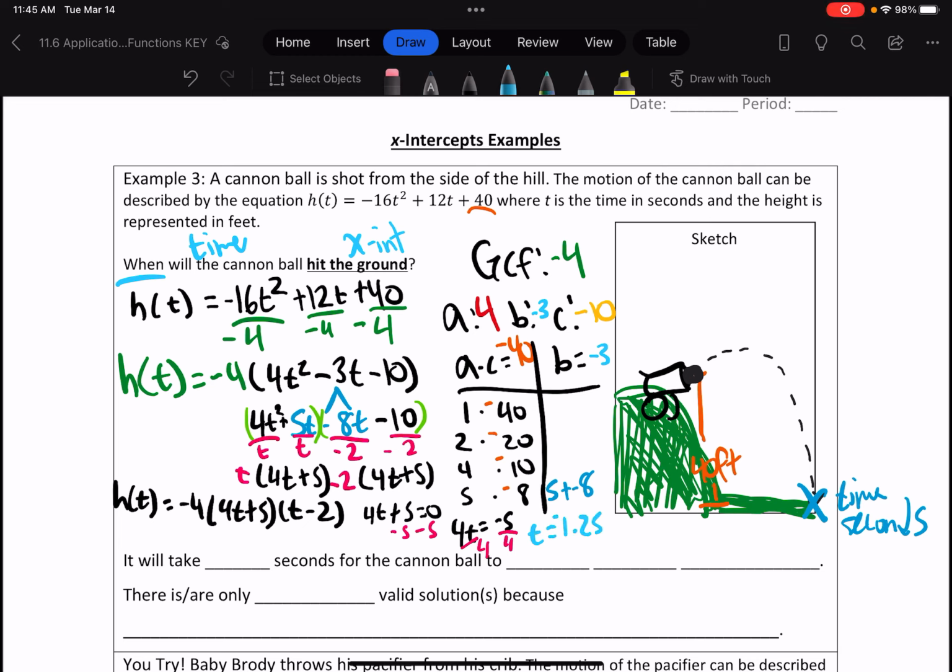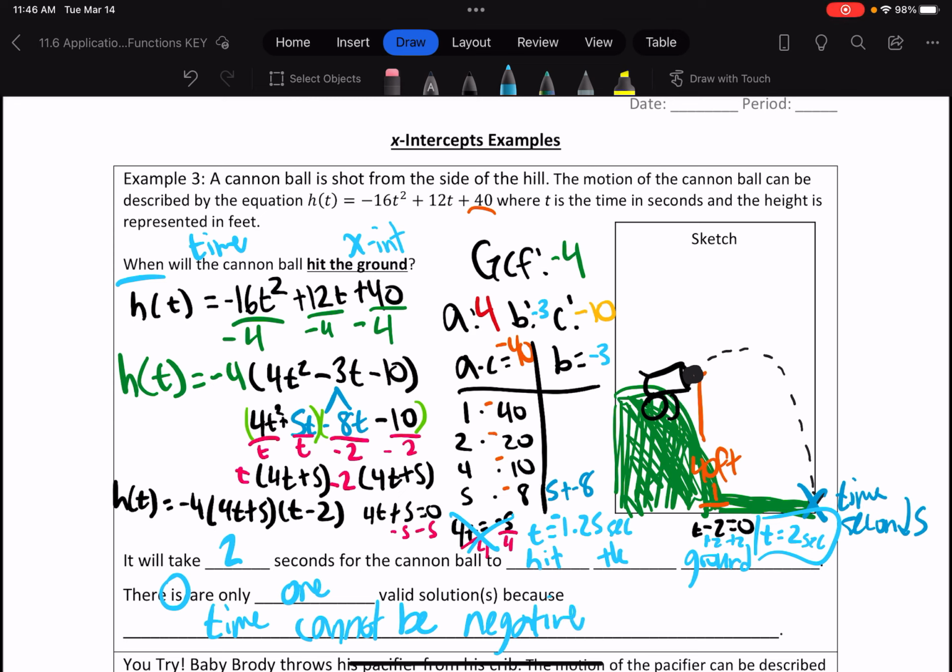So I can't have a time of negative 1.25 seconds. So I know that that is not going to be one of my solutions. But if I solve for the other one, I've got t minus 2 equals 0. I can add 2 to both sides. And I get a time equal to 2 seconds. So it's going to take 2 seconds for the cannonball to hit the ground. And there is only one valid solution because time cannot be negative.